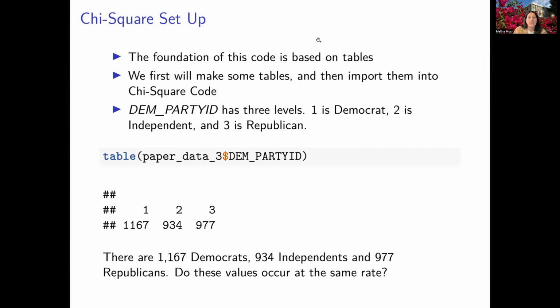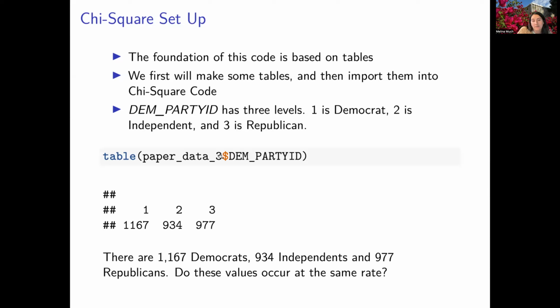So the setup, the foundation of this code, is still based on tables. So we're going to start by looking at some tables. We're going to first make them using the table function, and we're going to select out the variable that we care about. And in that table function, we're going to select out from paper data _3, right? This is the third version. We wanted to have a certain version for the last part of the homework.